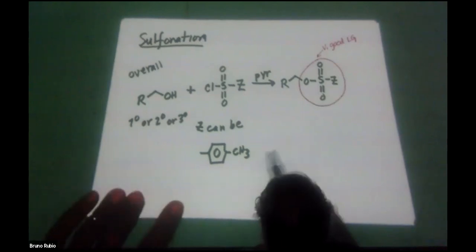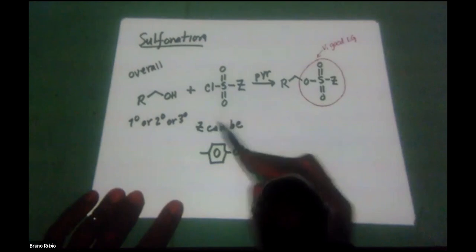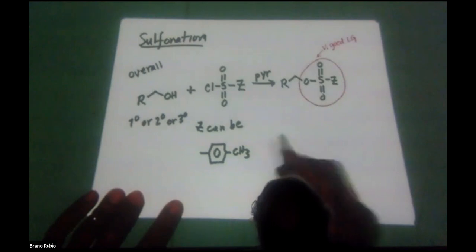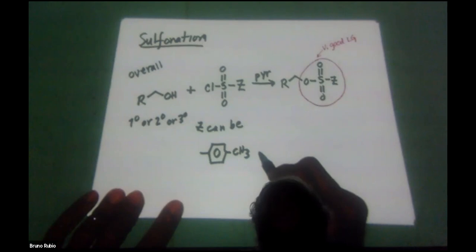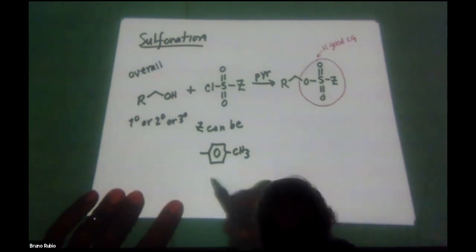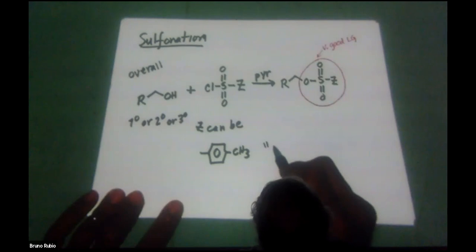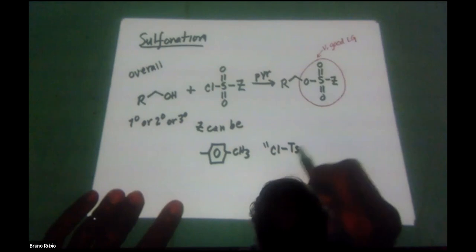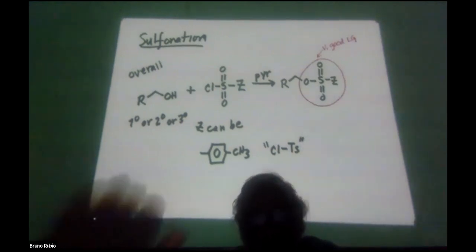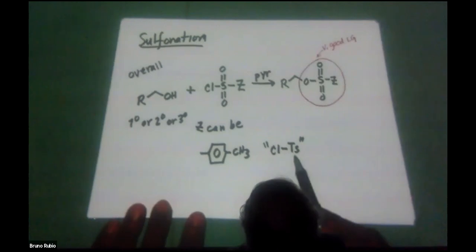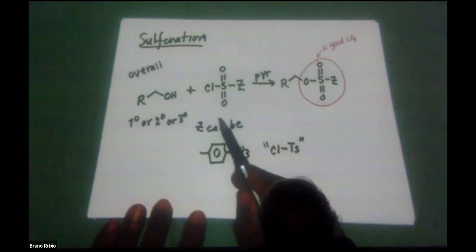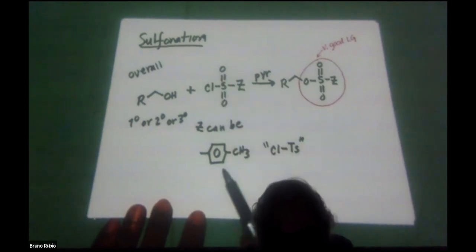And the starting compound here would be called ClTs, where this TS represents the sulfur atom double bonded to those oxygens, and where Z is this.